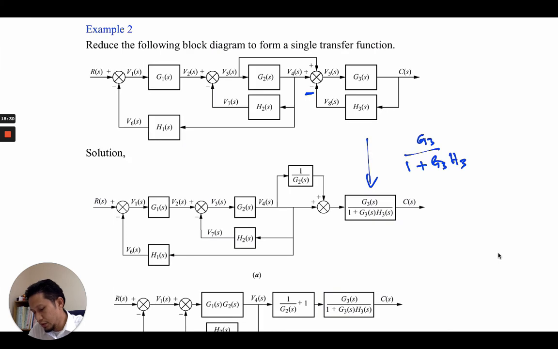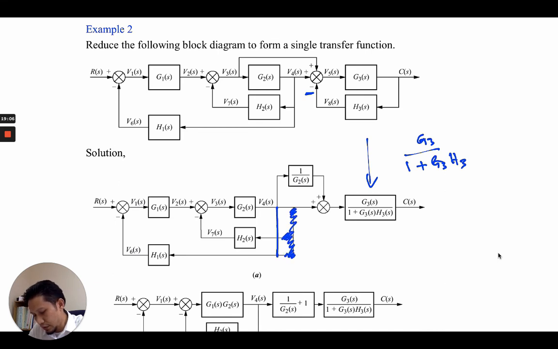This is number 4. Okay, so in this case, we push the G2 over here. So originally it is here, so we push G2 here, and then there is a branch above here, so we have 1 over G2. And then what we have here is something like this. So basically we can move the lines here, something like this, so we can just ignore this one.